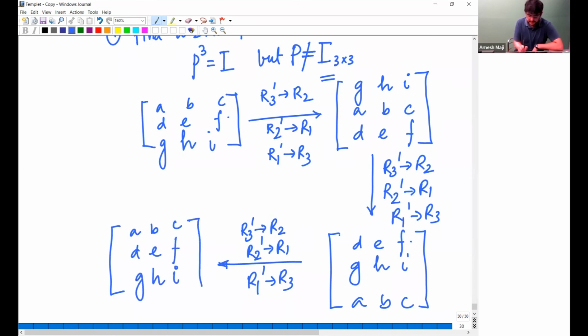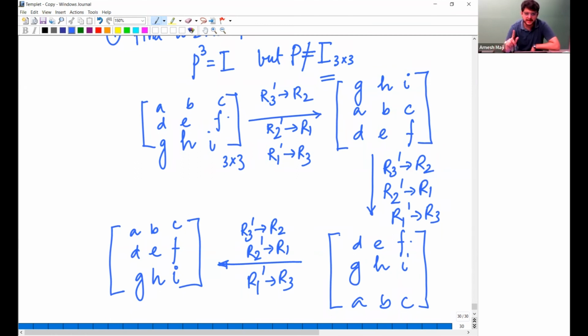You can see we have done 3 steps and we are back to this. So we had started with a square 3 by 3 matrix, and by 3 sets of row column operations or permutation, we are back to the same matrix. And see, I'm not doing any arithmetic operation with the rows. I'm just changing their positions, just permutation.